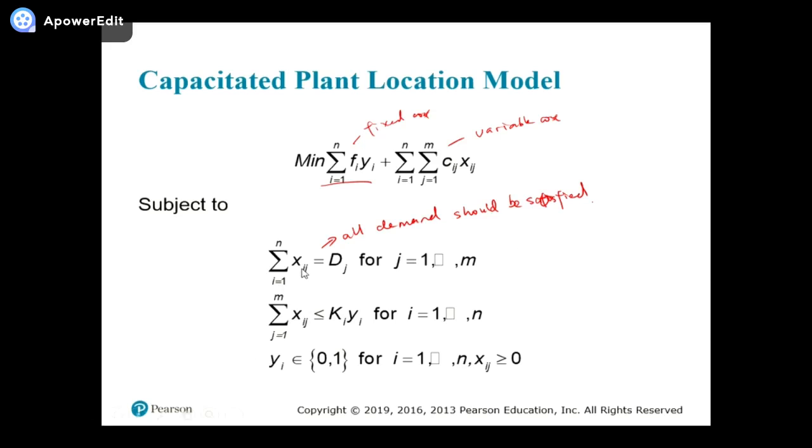Xij is what I deliver from plant i to market j. So if I sum all the deliveries from all different locations to market j, then that should be enough to cover the demand for market j.